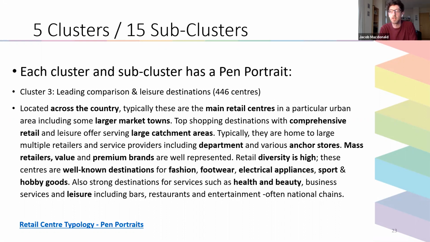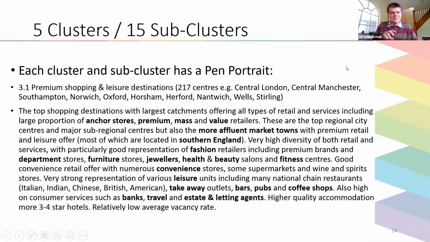So this is going to have a certain type of retail, a certain type of businesses, a certain vacancy rate and growth, and all of that is coming from the input variables. So we have these 5 top levels, and we also have pen portraits for the subclusters as well. So this is a little bit more detailed. Yeah, exactly. So you'll be able to see within the high streets what the different types are, or the marginally different types of high streets or leisure centers or convenience centers.